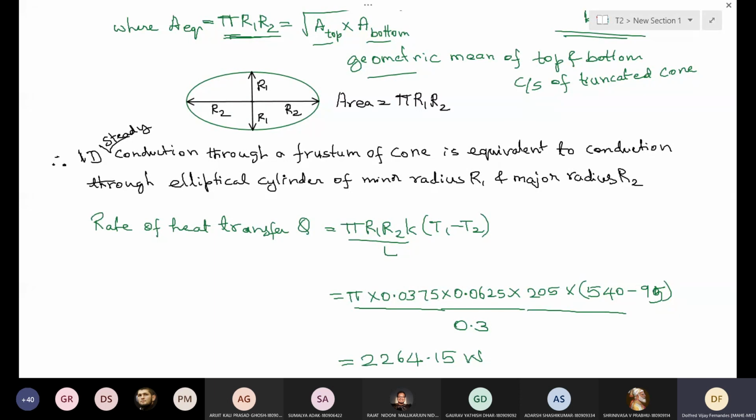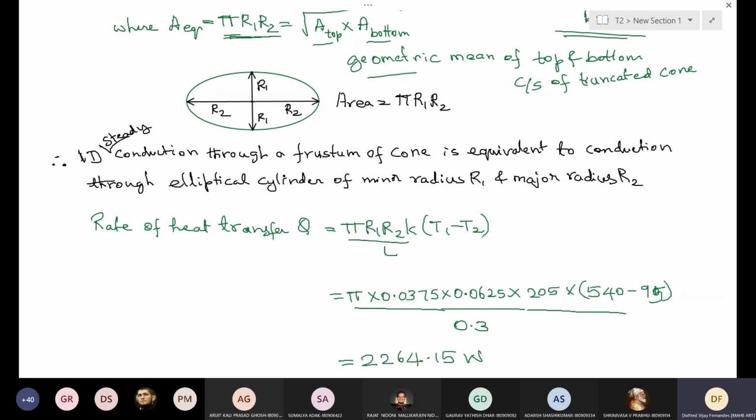That little difference is because we are neglecting the decimal values when we estimate the resistance, so some loss of accuracy takes place. That's all. Both values will come the same. You can check it again.